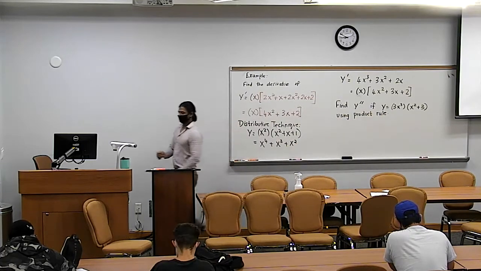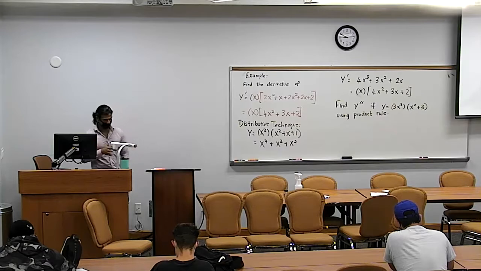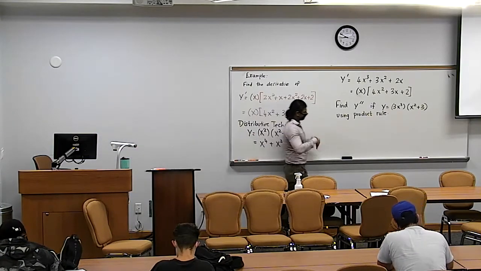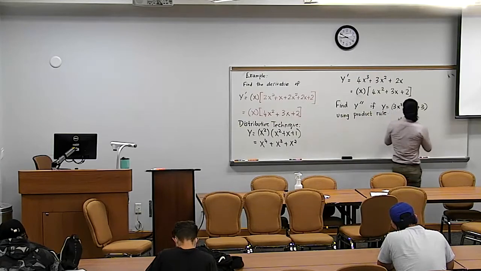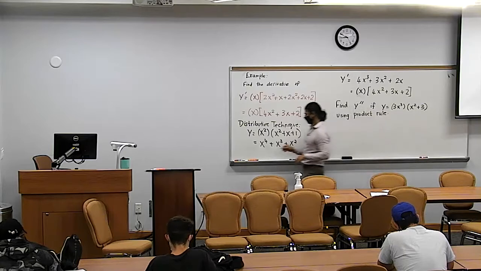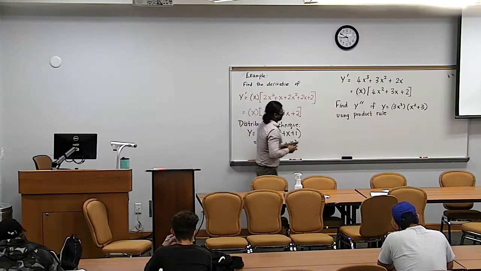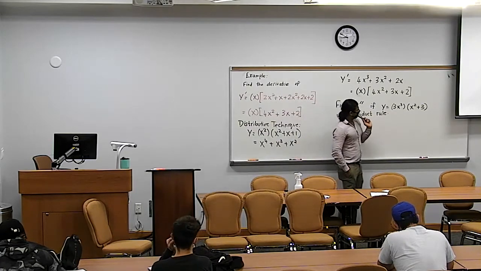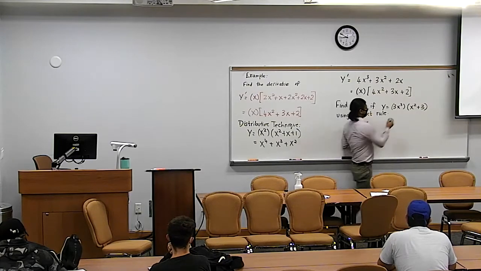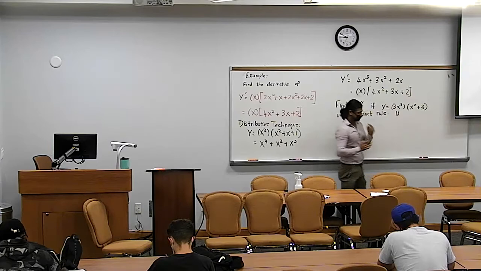Again, doing this by distribution is the easiest approach, but I want you to be familiar with product rule, which is why I'm going to do it using product rule. Which one should be u? 3x to the third. Which should be v?